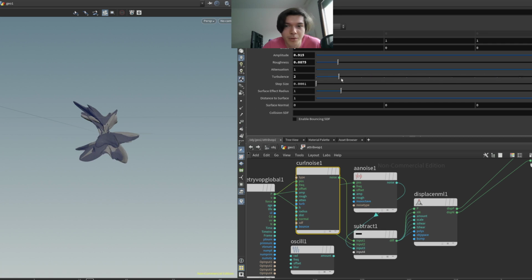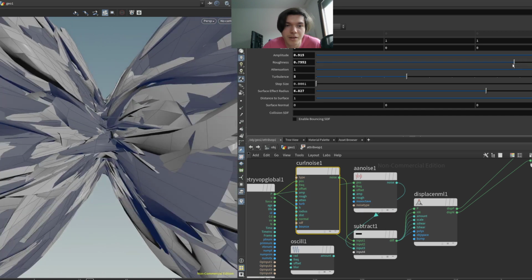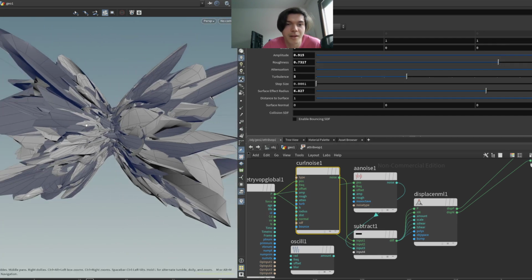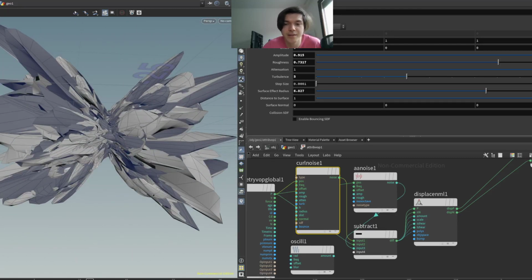Maybe a lot of turbulence. Maybe we need a lot of roughness. I think I do like this shape. I think that I'm gonna end there. I guess that we have achieved something quite interesting. So yeah, hopefully gonna see you soon.